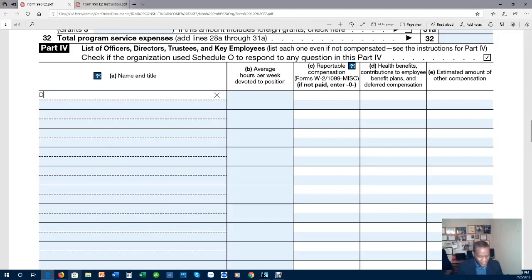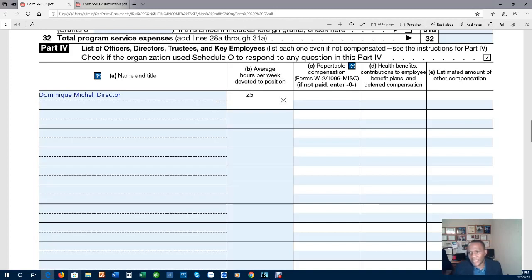Let's say Dominique Michel, director. And then average hours per week, how many hours I contributed per week. Let's say I contributed 25 hours per week.